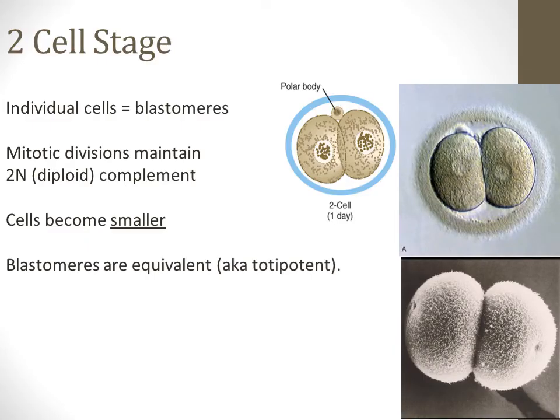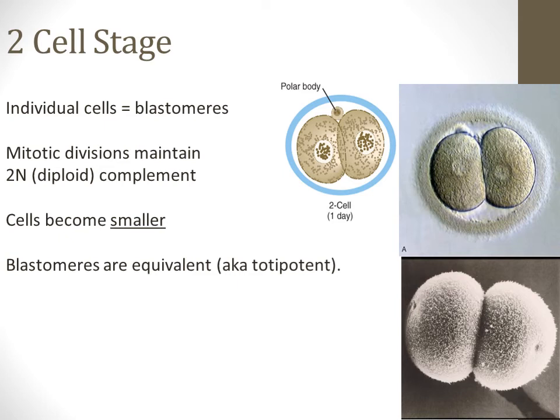This slide shows the 2-cell stage, the individual cells, the blastomeres. Then mitotic division occurs that maintains the diploid complement.